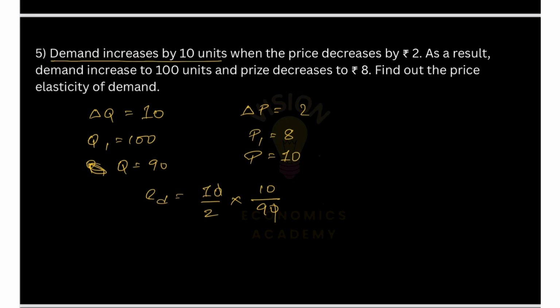Zeros get cancelled, 2 ones are 2, 2 fives are 10, so 5 by 9, right? So 5 divided by 9: 9 fives are 45, again 5, so 0.55.